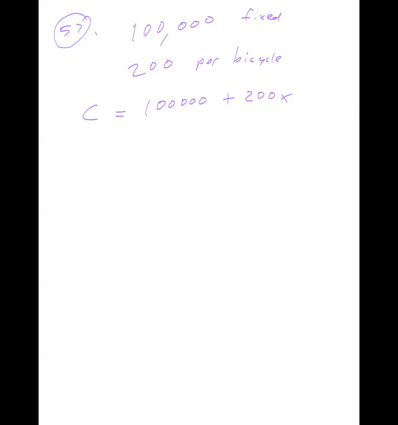Part A is just equal to that. Part B, write the average cost. Oh, now I see why they were teaching you the bar. The bar stands for average. Average cost is equal to total cost divided by total quantity, right? If you want to find the average of anything, you total it up and divide by the total quantity.